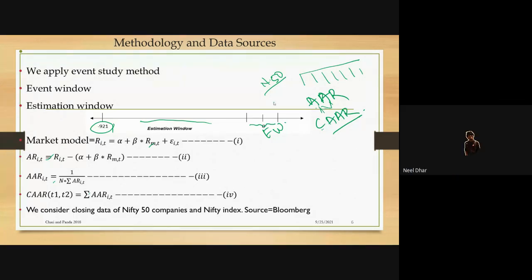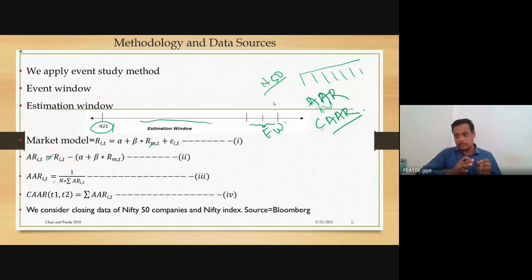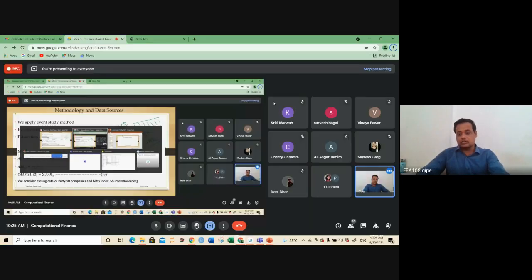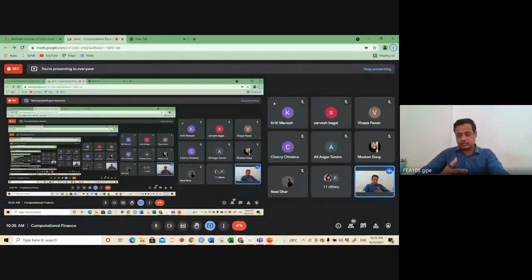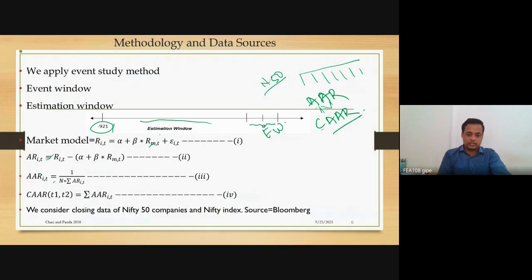Before the event, the estimation window is to see, whenever the event was not there, how the prices behaved, what the behavior was when the event was not there. Normally, in a normal situation, how are these prices impacted by the market. Then you apply that in the event window. So the estimation window will be before the event.